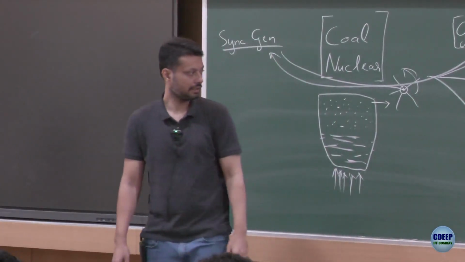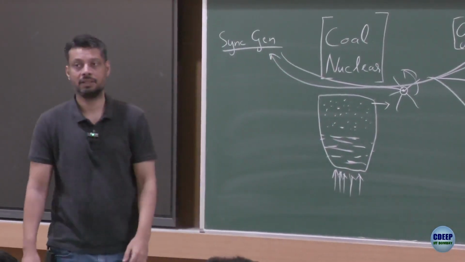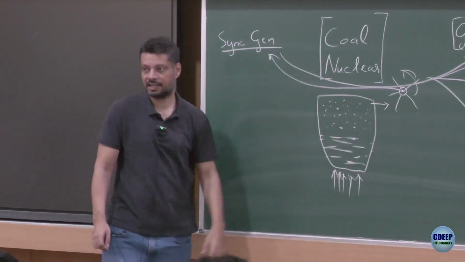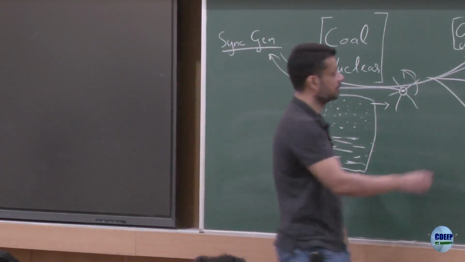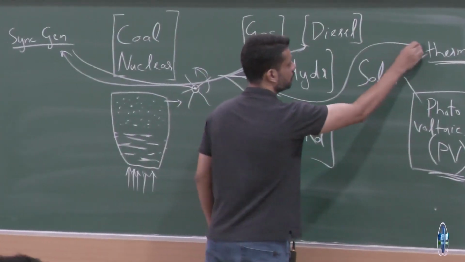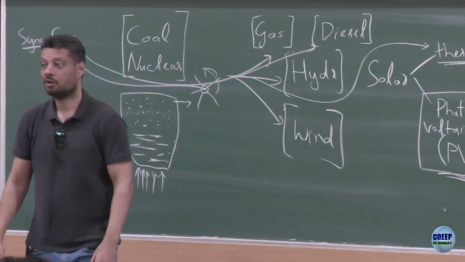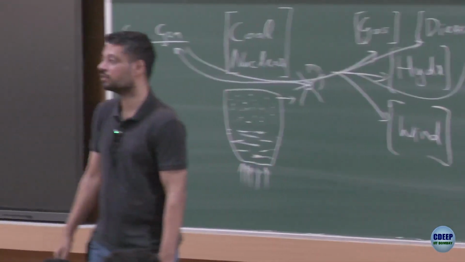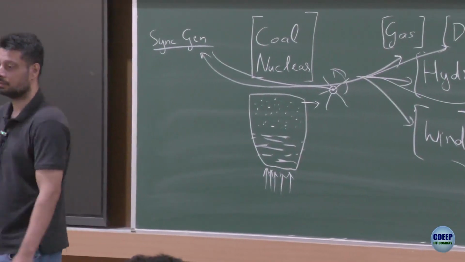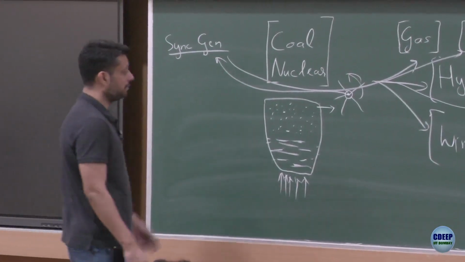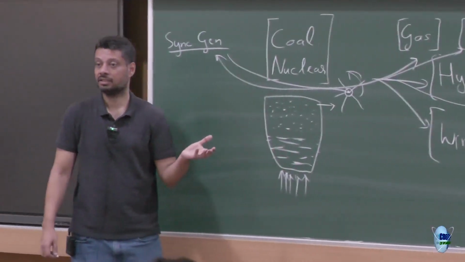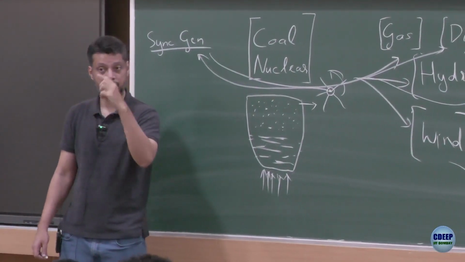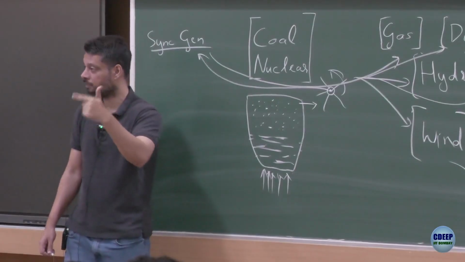Now two things to observe here. First is that although all of these are using a synchronous generator, including solar thermal, all of these technologies would not rotate the synchronous generator at the same speed. For example, if you have steam based generation, right, then usually steam would be at a very high pressure and the shaft would rotate at a very high speed.